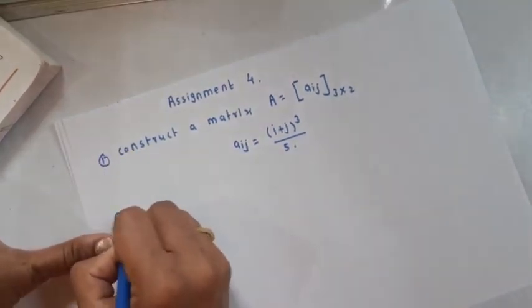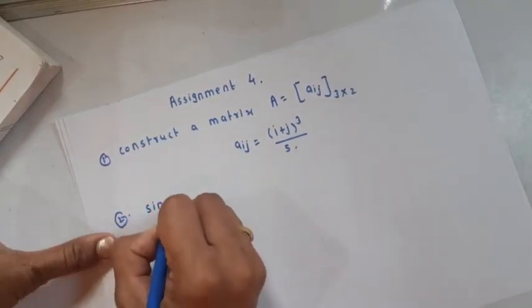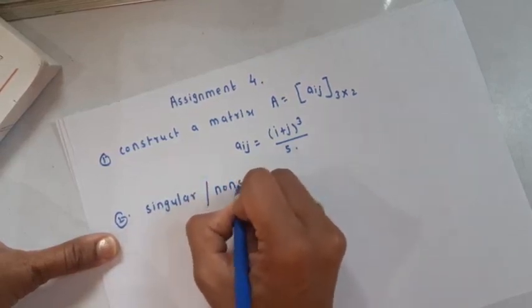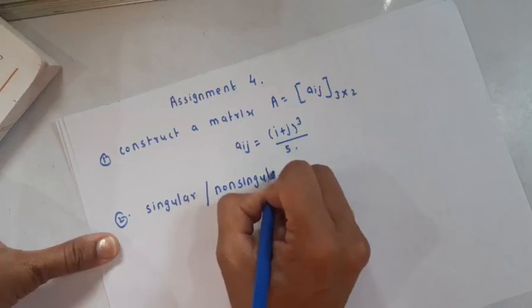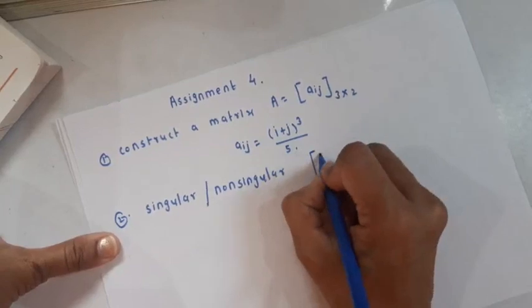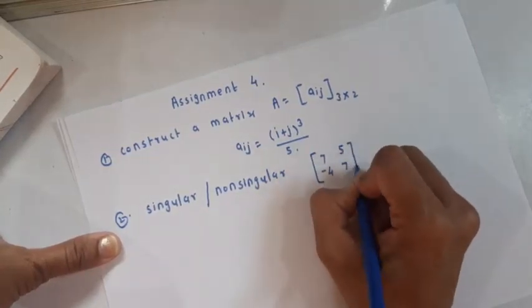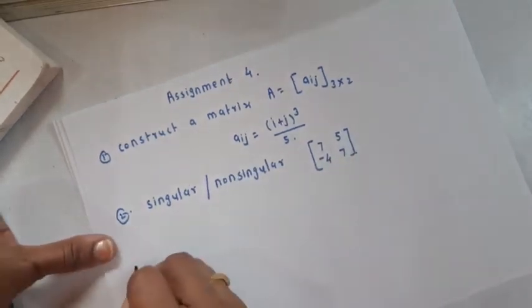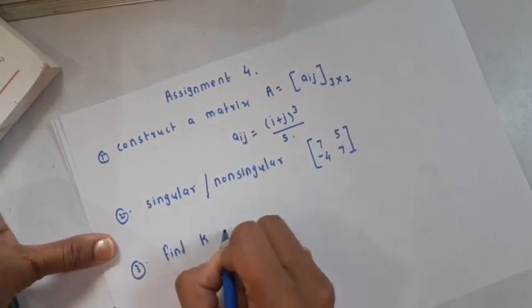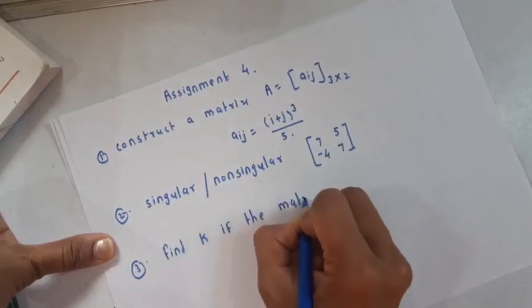The second problem is to identify whether the matrix is singular or non-singular. Identify singular or non-singular, and the matrix is 7, minus 4, 5 and 7. And the third one, find k if the matrix is singular.